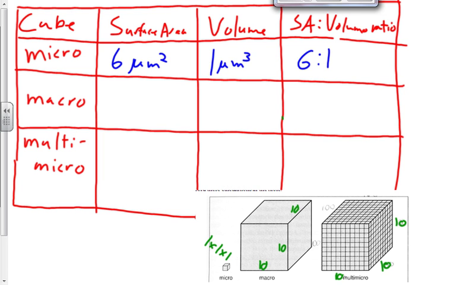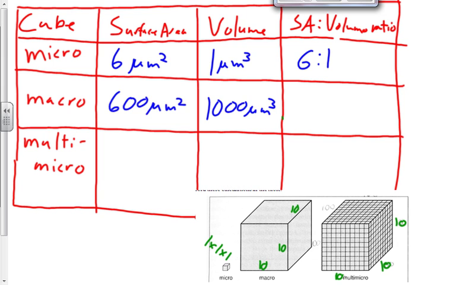Now if I'm looking at macro, I'm going to give you the answers to macro here as well, but I'm sure most of you are that far. Macro's surface area is 10 times 10 times 6, which is 600 micrometers squared. Whereas its volume is 10 times 10 times 10, which is 1,000 micrometers cubed. Everybody with me on that?